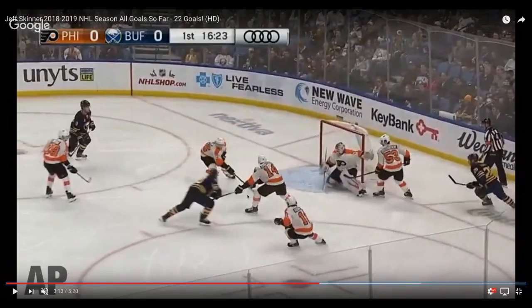So what we want to take away from this is how we can use player locations on the ice at the times of these events to dissect and understand what is going on in a play. In this particular example, the goalie was out of position, the defense was out of position, and it was a really easy goal from this shot.